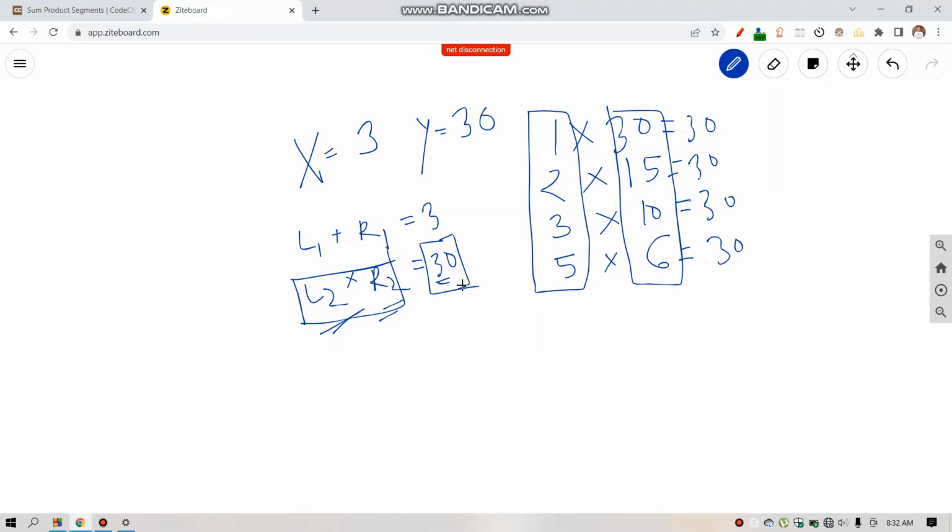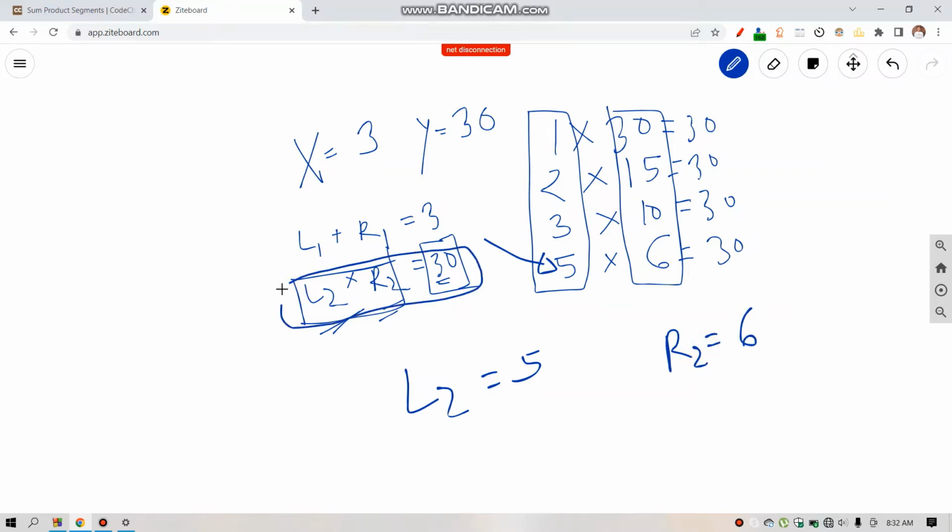So let us suppose we took this L2 equal to 5 and R2 equal to 6. Now this condition is satisfied, right? Because 5 cross 6 is 30. So our segment becomes 5, 6.